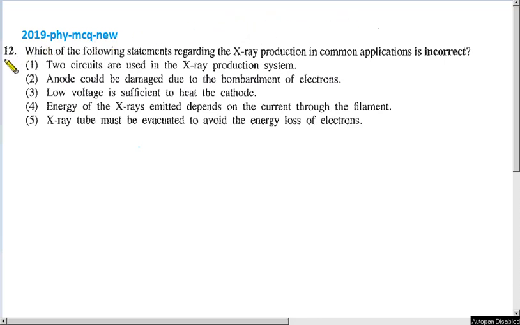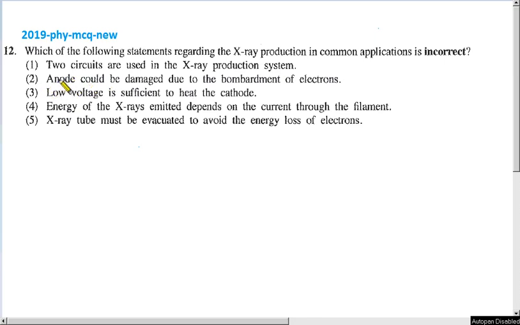Today I am going to discuss question number 12 of the 2019 Physics MCQ paper, new syllabus. Which of the following statements regarding the X-ray production in common applications is incorrect? First one, two circuits are used in the X-ray production system.